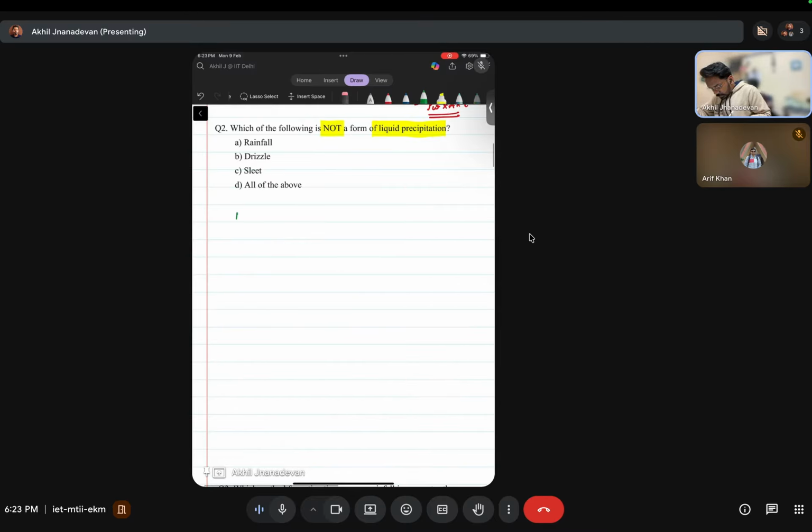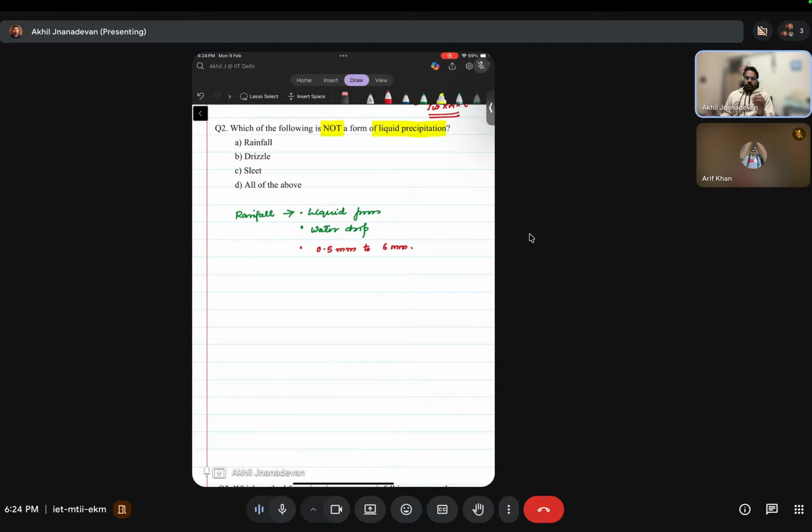Basically, rainfall is a liquid form of precipitation, and it is made of water drops. The important thing is the size. The size is between 0.5 mm to 6 mm.